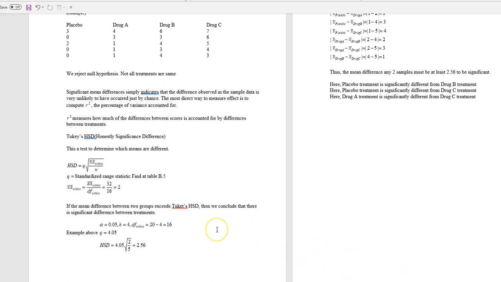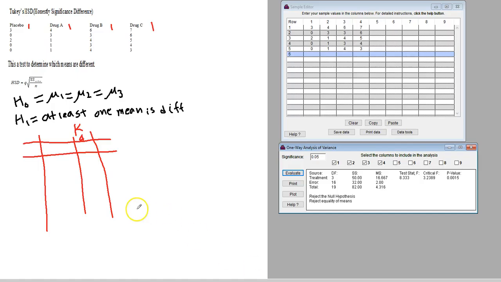That's the degrees of freedom within. So we're going to have to find the value there. You go down here, and the degrees of freedom within is the same as this one over here, 16.